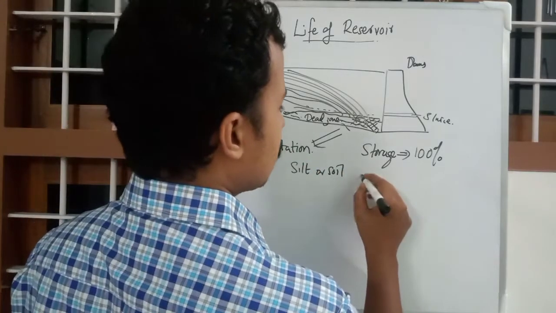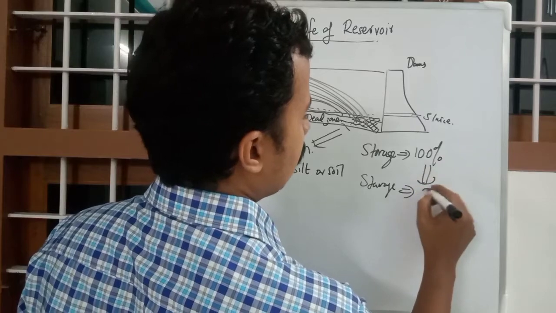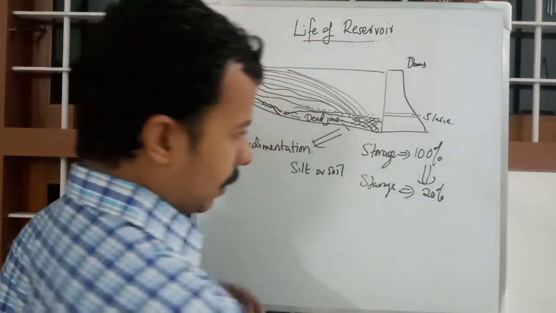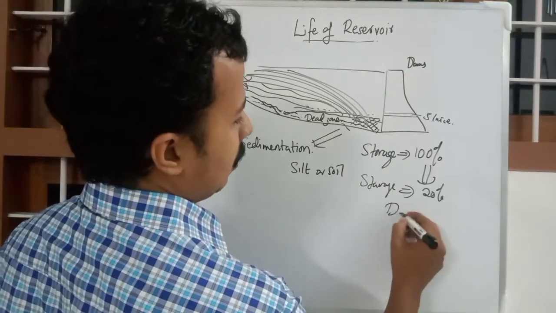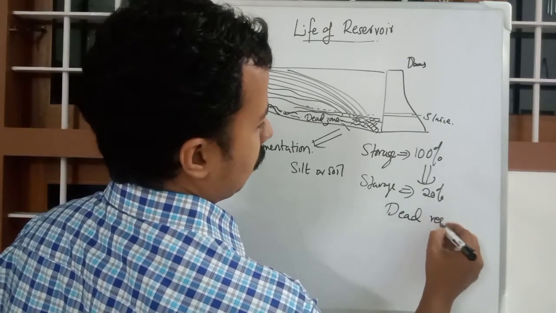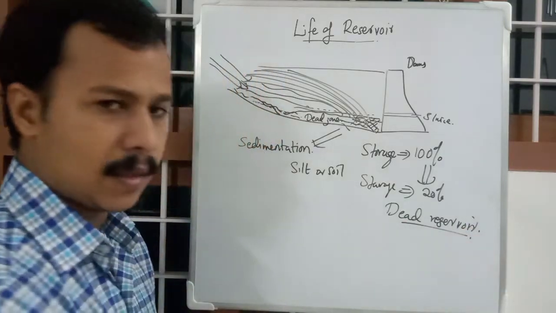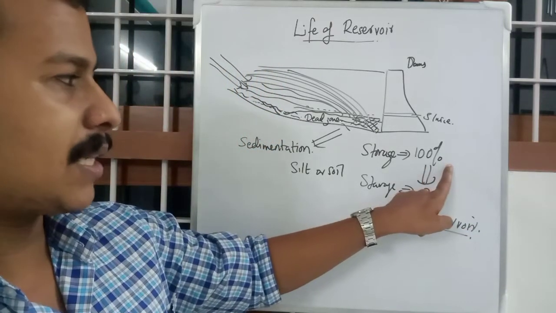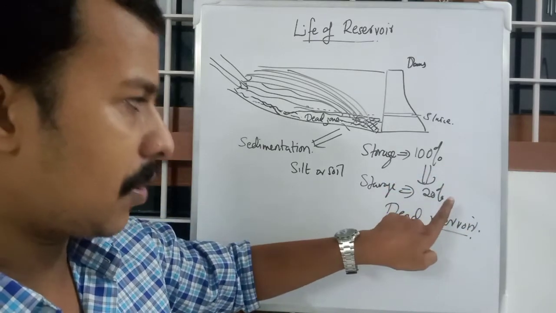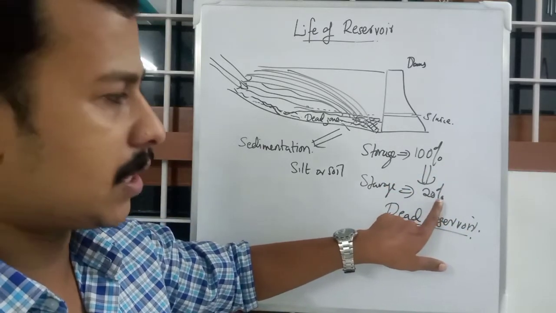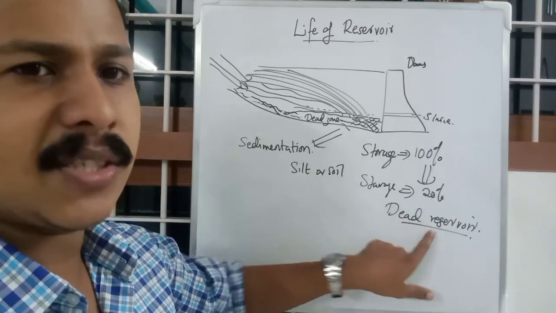When the storage reduces to only 20%, we consider it a dead reservoir. So when the effective storage capacity decreases from 100 to 20%, we consider it dead.